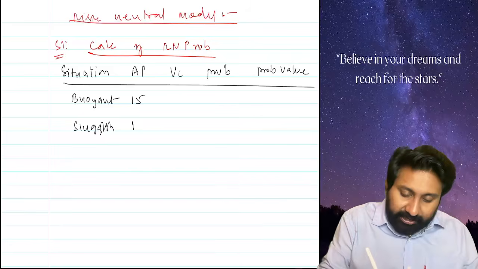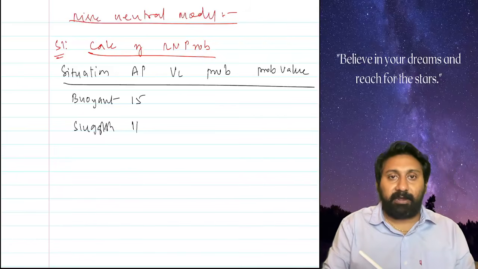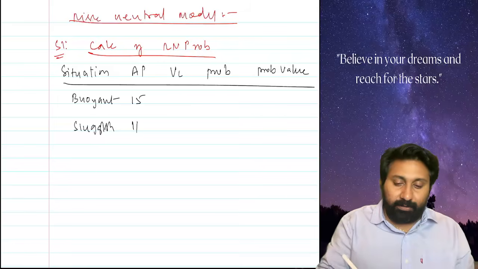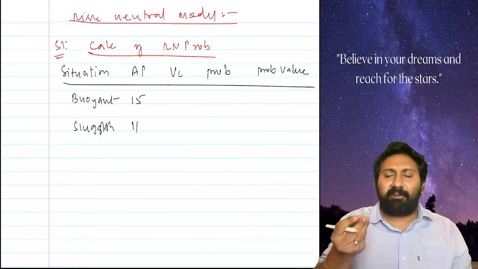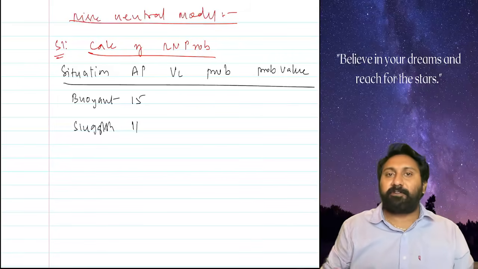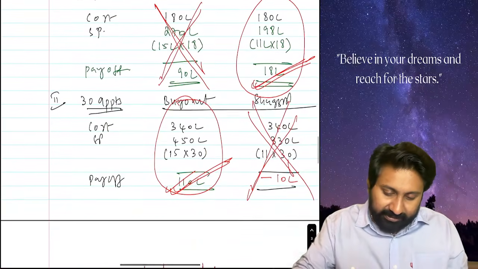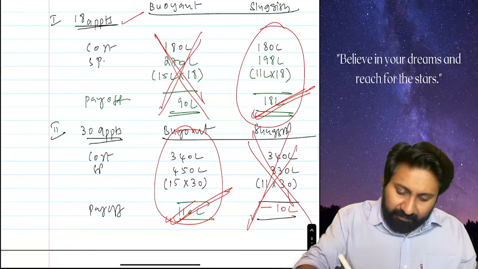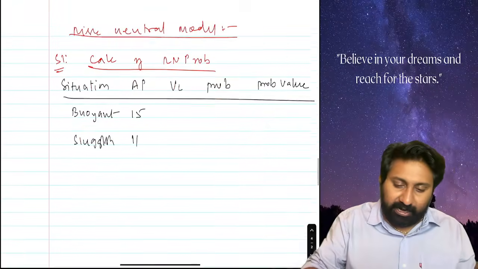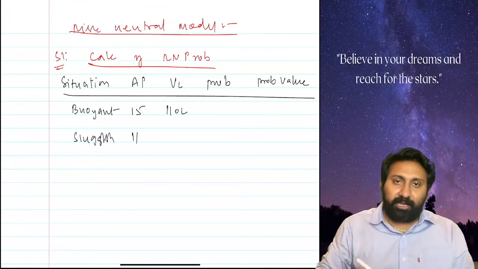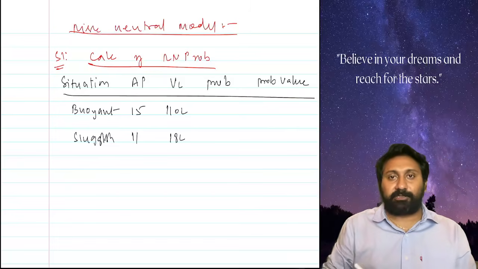If the market is sluggish, each one can be sold at 11. If I can sell at 15, what is my net value of the land? What is the value of a land? The benefit I derive out of it is the value of the land. How much benefit can I derive? If it is 15 lakhs, I will go for 110 lakhs. If it is sluggish, I will go for the 18 lakh situation.